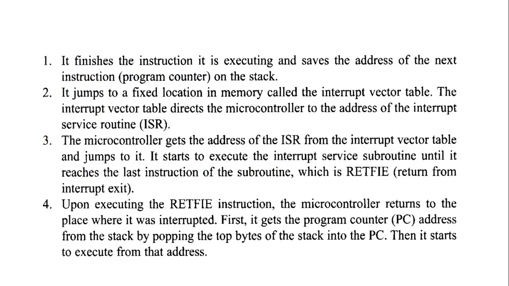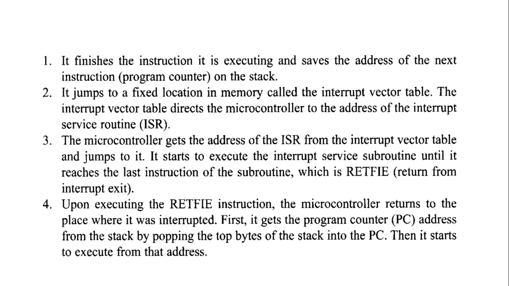Then what exactly happens when an interrupt occurs, or what are the steps included in the ISR, interrupt service routine? First, it finishes the instruction it is executing and saves the address of the next instruction on the stack.